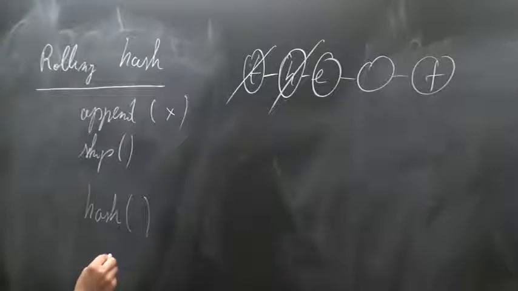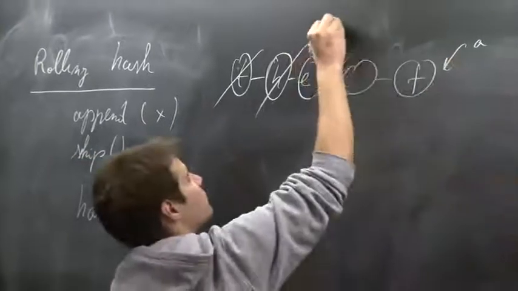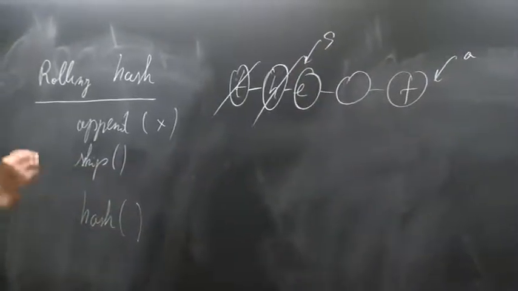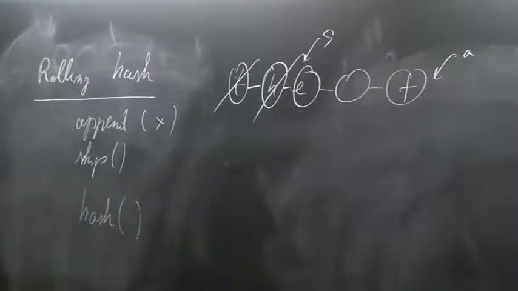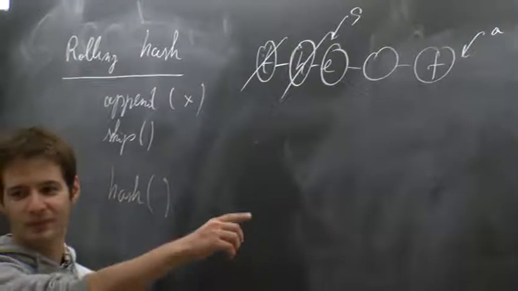And then it promises that it's going to compute the hash of whatever is inside the rolling hash really fast. Append goes here, skip goes here. How fast do these operations need to be for my algorithm to work correctly? Order 1. I promised you that computing the hash there is order 1, right? So I have to.